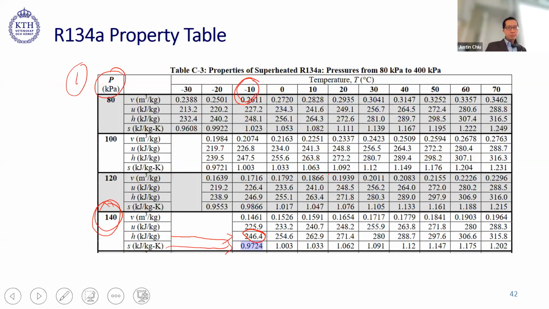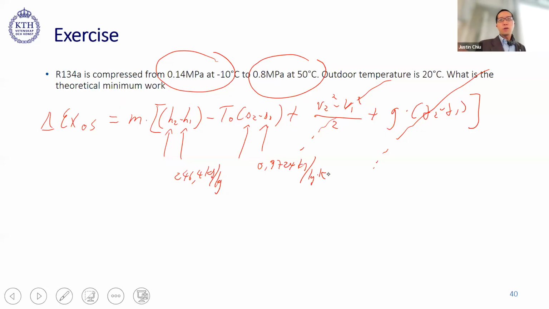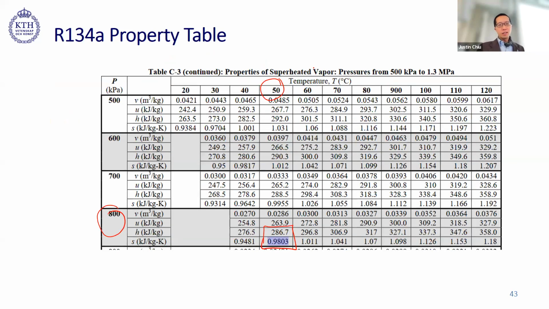It's from this table. This is state 1. And then we do the same for 800 kilopascal, 50 degrees. So I have another table here, 800 kilopascal. So this is state 2. At 800 kilopascal, 50 degrees, we have 286.7 and 0.9803 kilojoule per kilogram Kelvin for the specific entropy.